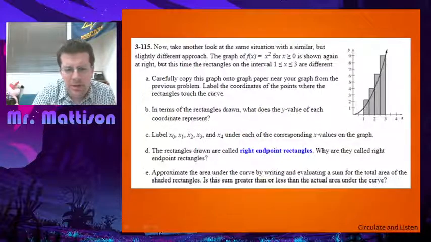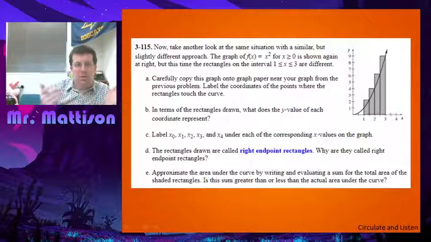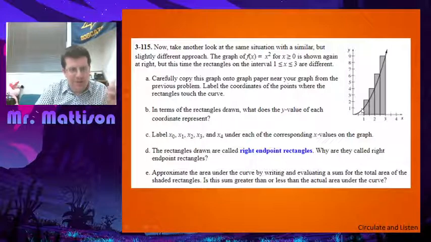So the question becomes, how could I get a better estimate? If you thought about what you did last time, the smaller the piece you ended up using, the more accurate we would be, right? If I changed all of these rectangles and made them half the size, I would have less of that extra bit, right?